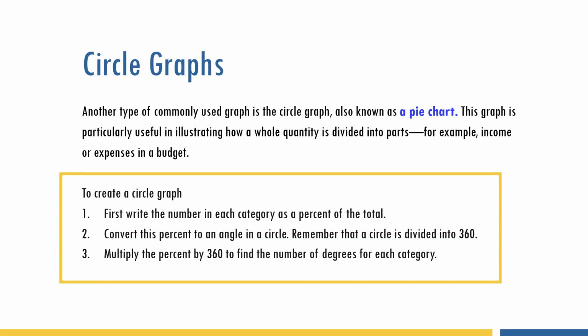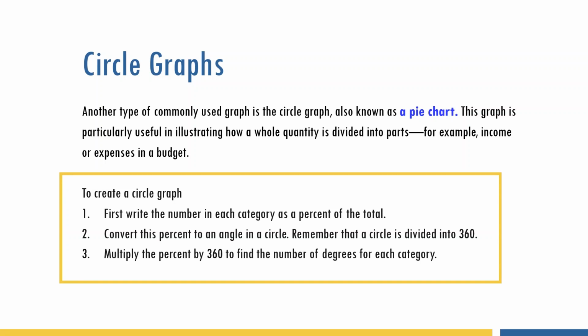For example, if you have income in one month and you want to budget your expenses, you can divide it into several expenses such as food, transportation, or rent. If you put it into a circle graph or pie chart, you will be able to illustrate easily which one is higher.